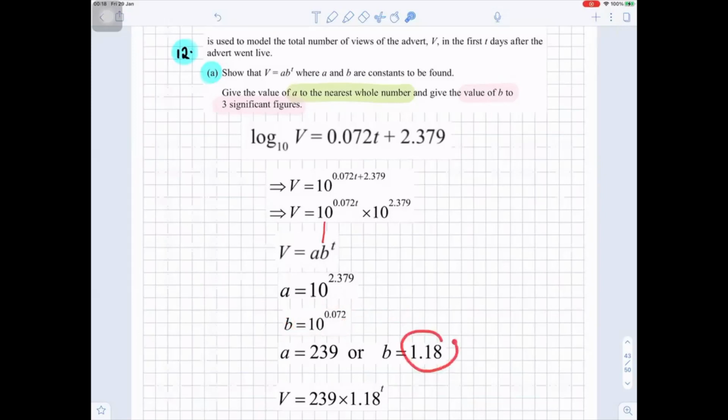So B is 1.18 to 3 significant figures, and A is 239 to the nearest whole number. So you can write it as V is 239 times 1.18 to the power t.